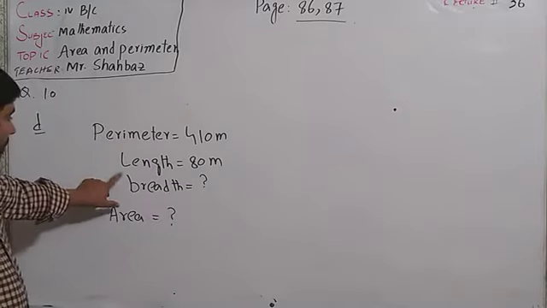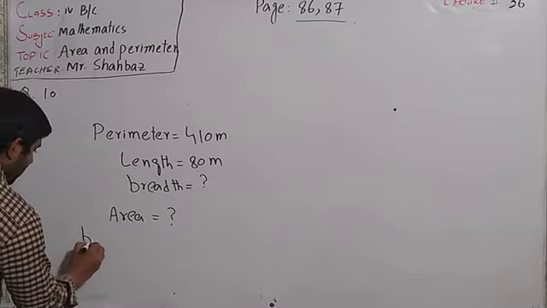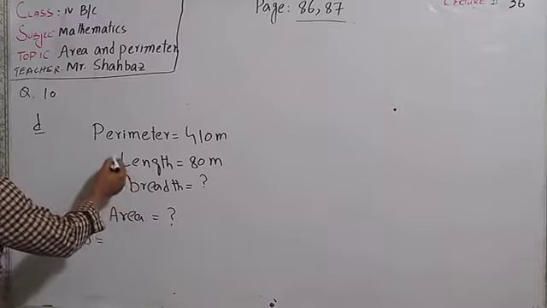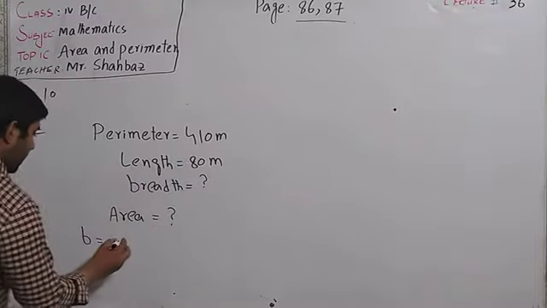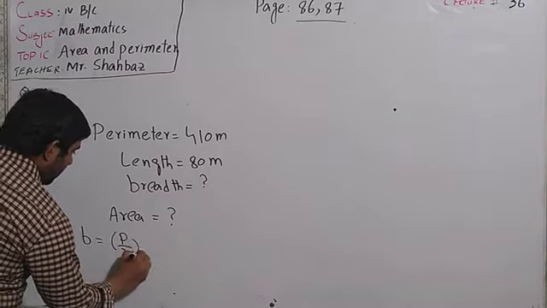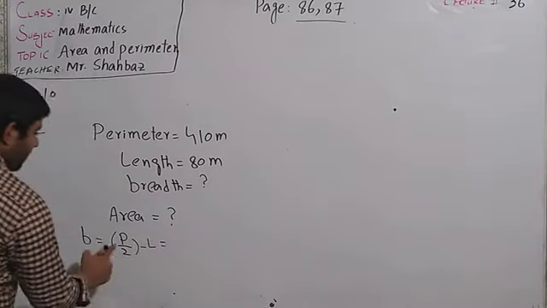Dear students, as I told you, we have to find the breadth. Breadth is equal to perimeter divided by 2 minus length. We can find it easily. What is the perimeter?